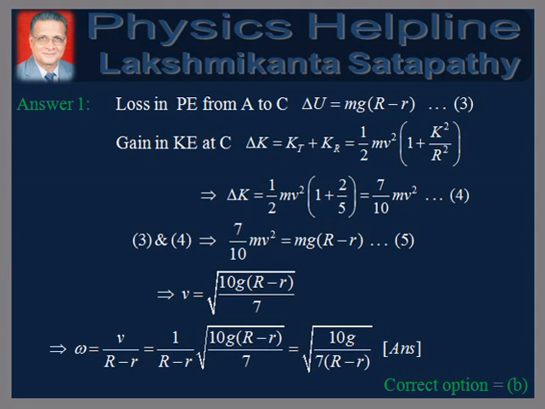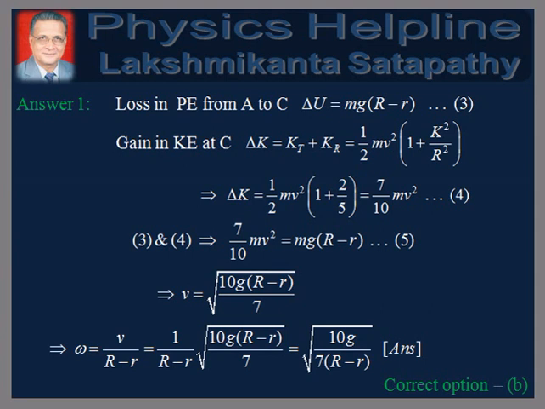Now for the answer. First, we will solve question 1. Now, loss in gravitational potential energy of the ball from A to C is given by delta U is equal to mg into (R minus r), because the decrease in height of the ball is equal to R minus r.